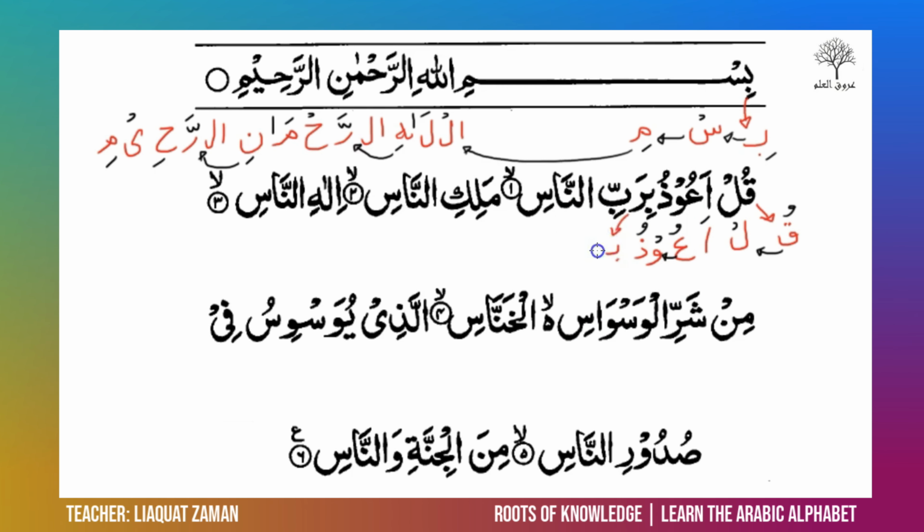And then we have Bi Rabbi, Bi Rabbi. And then An-Nasi, An-Nasi. Put the vowels. So try writing yourself as well. You know, it does help a lot of people. So Bi Rabbin Nasi.